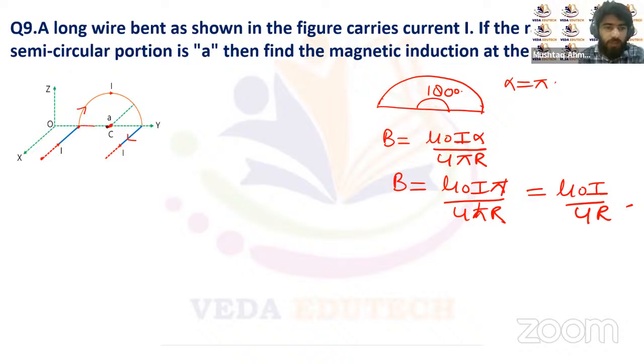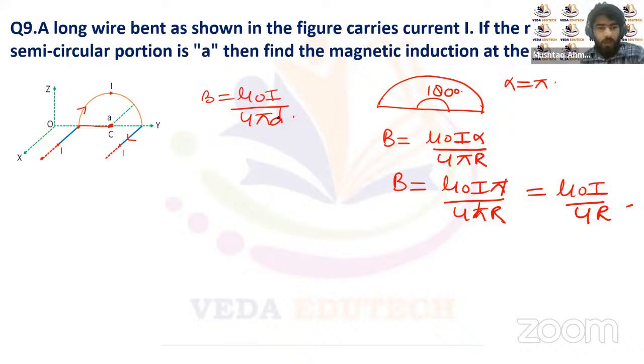The angle subtended by this end of the wire at this point A will be 0, so sine 0 will be 0. So because of the semi-infinite wire, the magnetic field will be mu naught I upon 4 pi d. Mu naught I upon 4 pi d will be the magnetic field because of this semi-infinite wire.